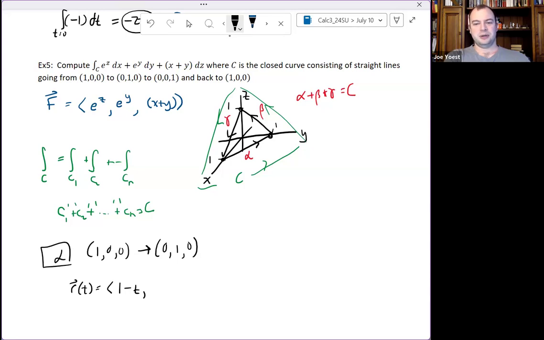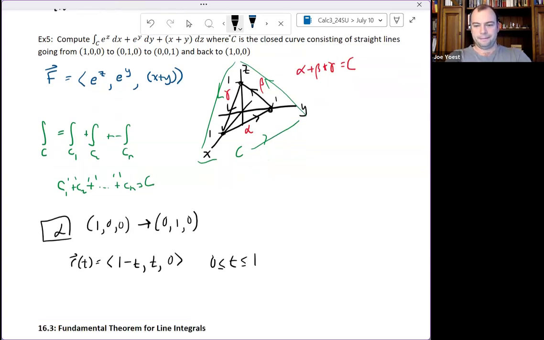I want y to go up from 0 to 1. That's like t. And then z just stays at 0. I just stay in the xy plane, so that third component is just 0, with 0 less than or equal to t less than or equal to 1. This is just a straight line connecting (1, 0, 0) to (0, 1, 0).